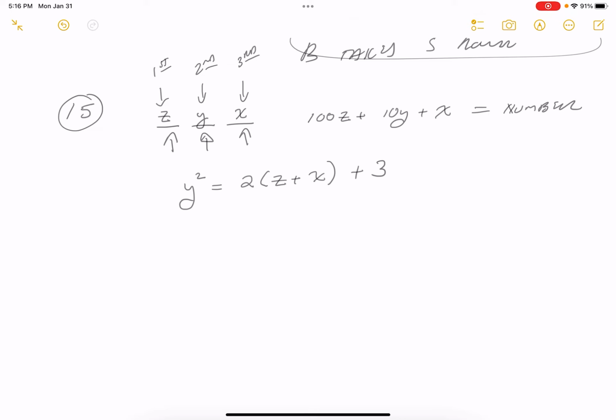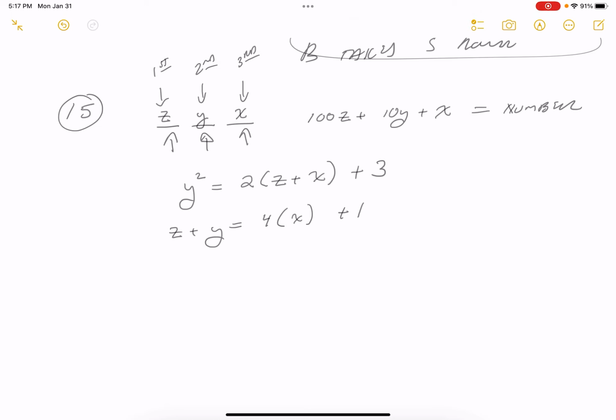Yeah, I did that. The sum of the first and second digit exceeds 4 times, oh, this is going to be tough, 4 times the third. What's the third? X. Exceeds 4 times the third by 1. That's not so bad. Let's keep going.